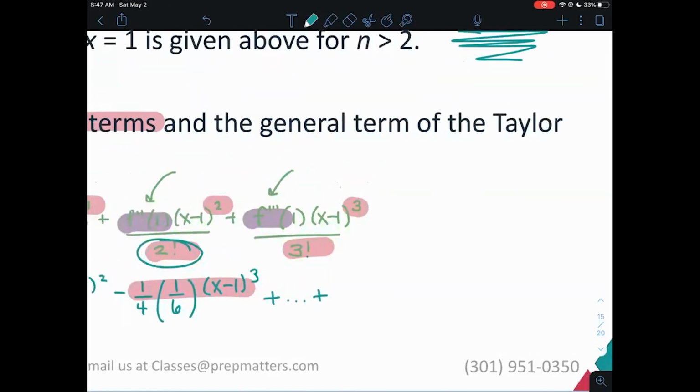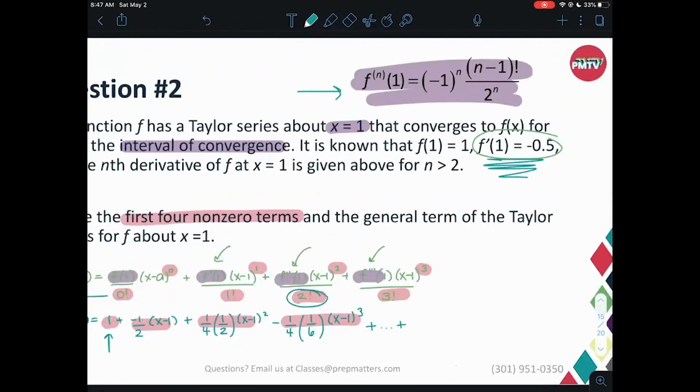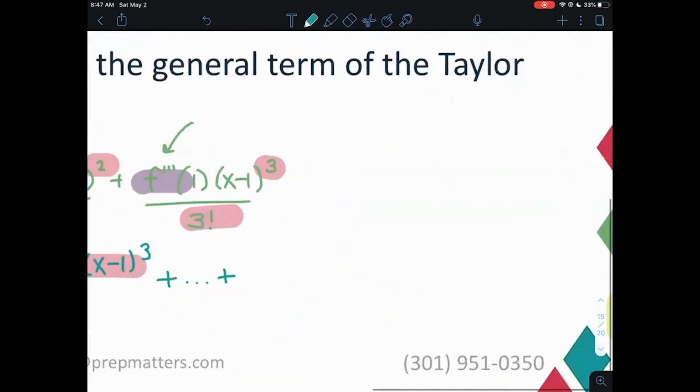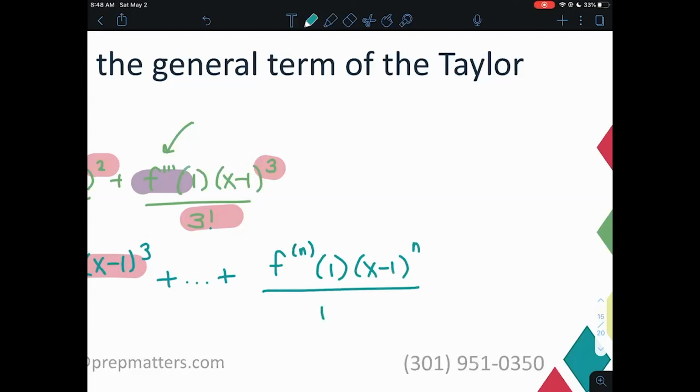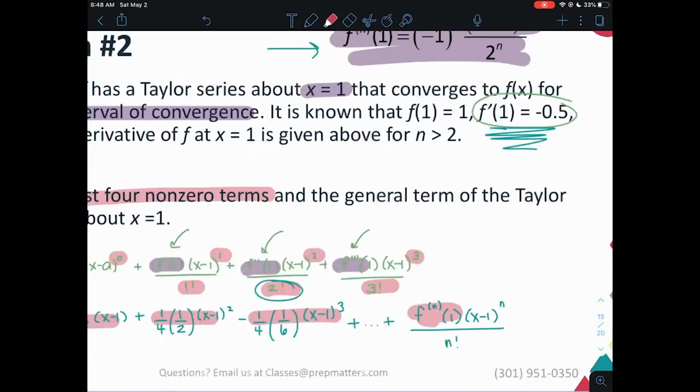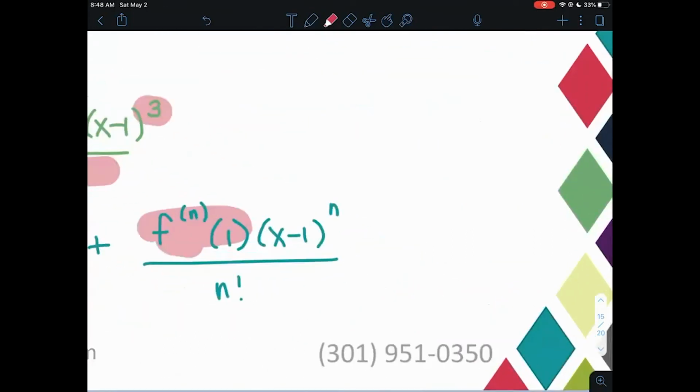We're going to have some derivative at 1 times x minus 1 to the n, over n factorial. And there's our general term. That was not given to us here. That was in the Taylor polynomial approximation formula.